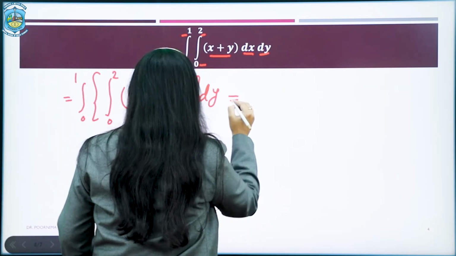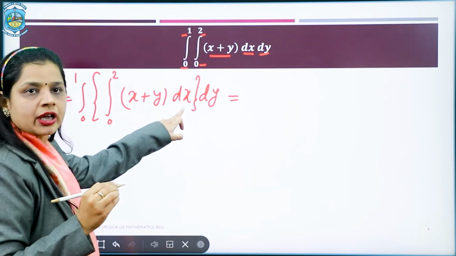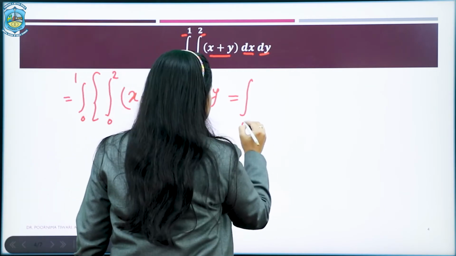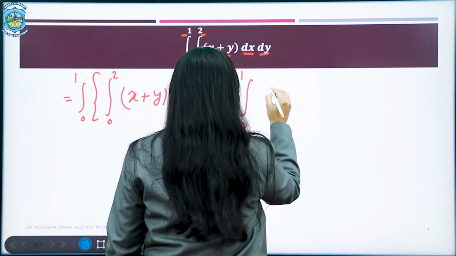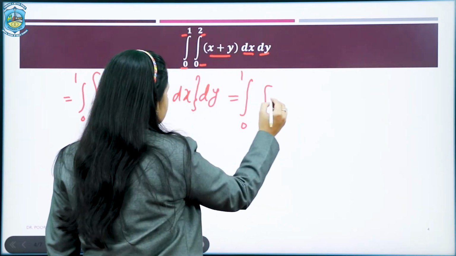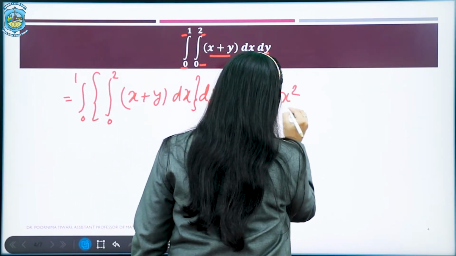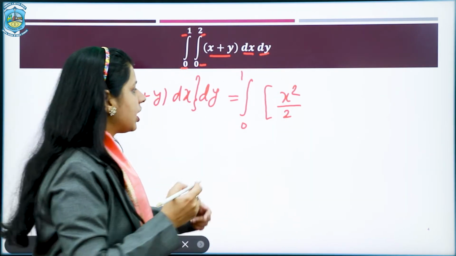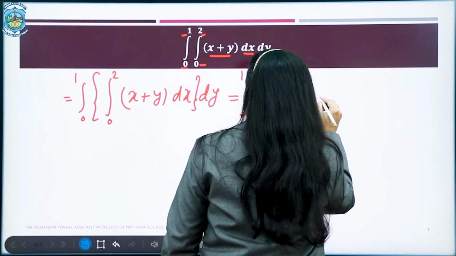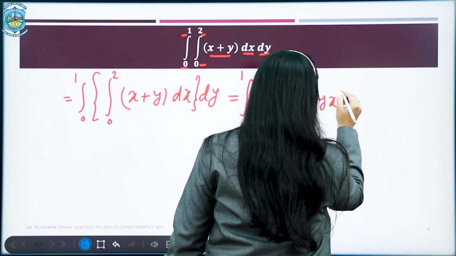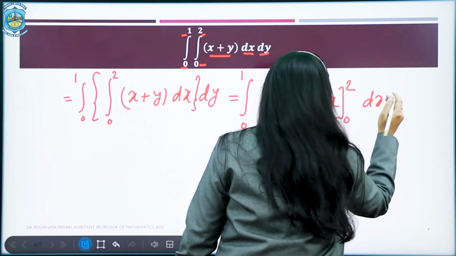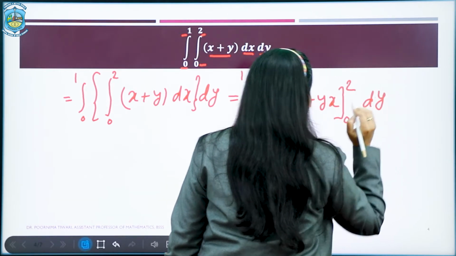When we integrate x with respect to x, we get x square by 2, with the limits as they are. Integration of y with respect to x is yx. Limits are 0 to 2, and then we'll integrate with respect to y.